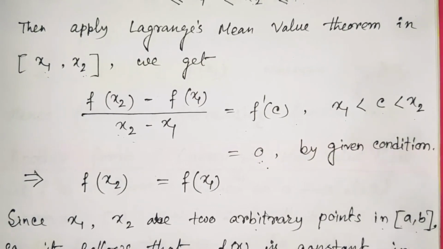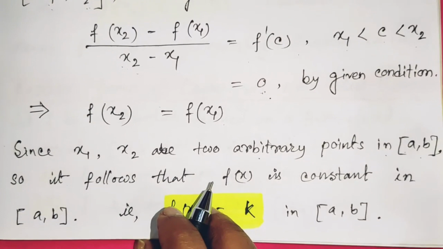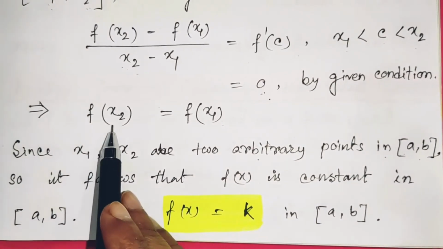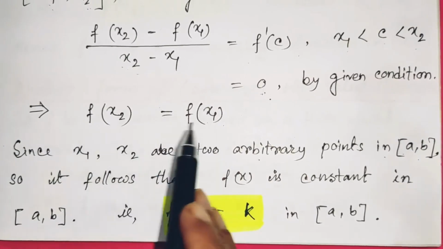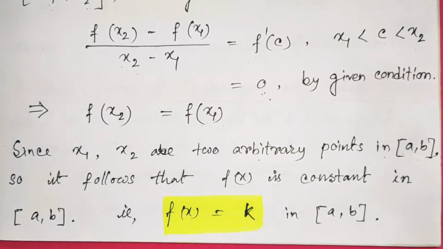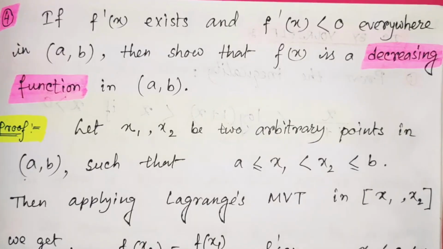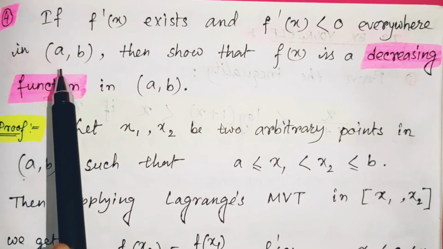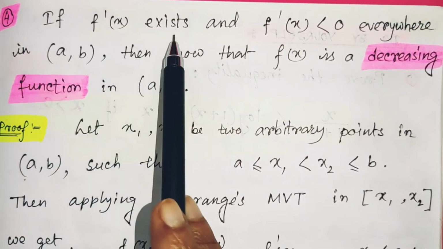So it follows that f(x) is constant in ab. Is it not? Otherwise, how at two different points can the functional values be the same? Unless it is a constant, it is not possible. Hence the proof.